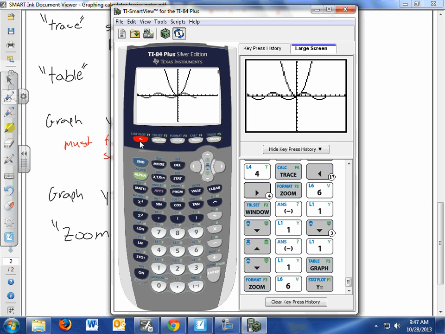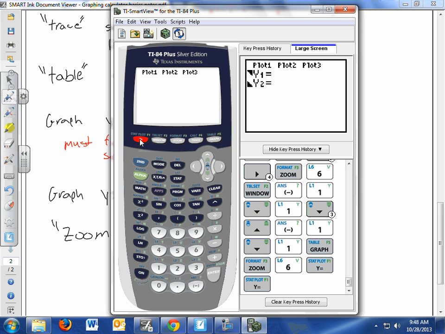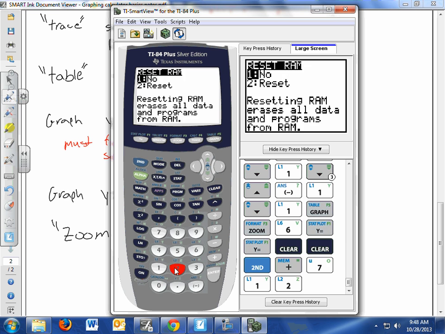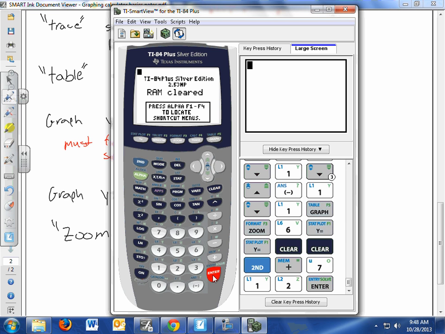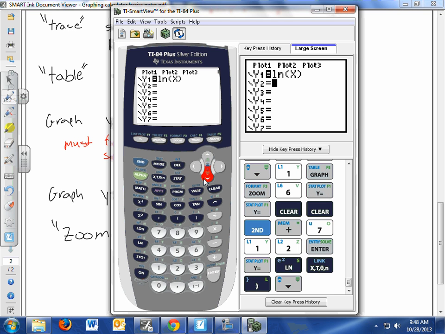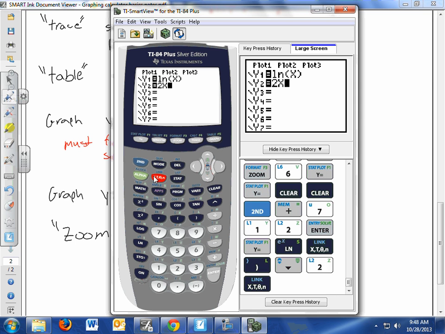What else? Want to know anything else? Log. Let's clear this out. I'm going to reset. If you ever want to quickly clear things, that's usually the quickest way. Log x is also a number to the x power.